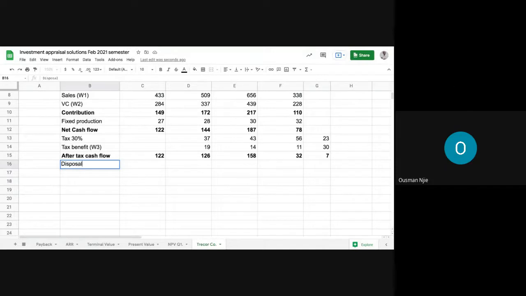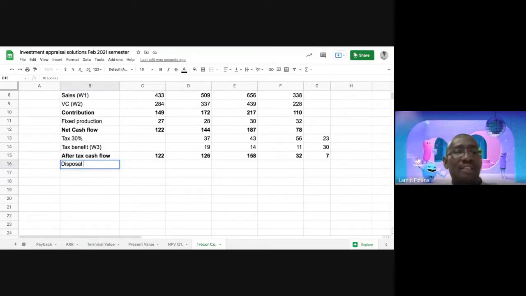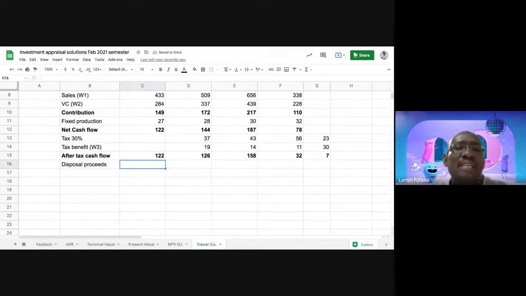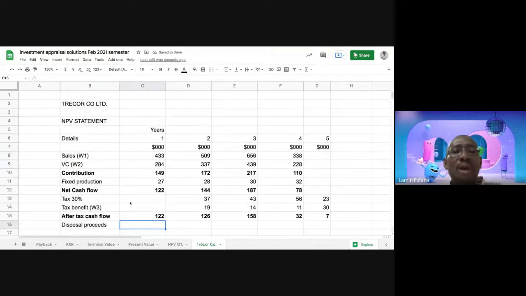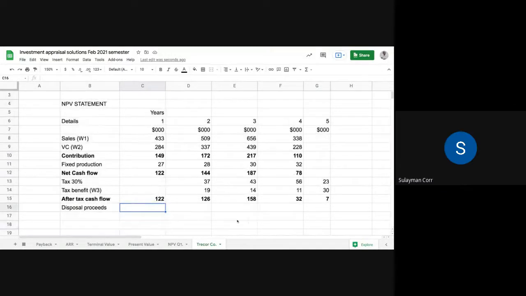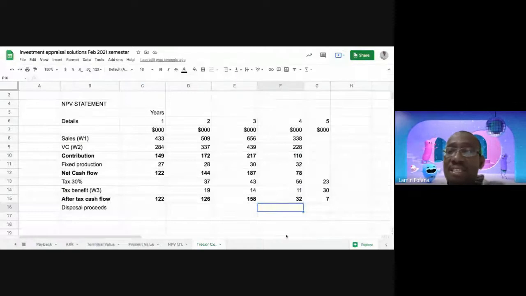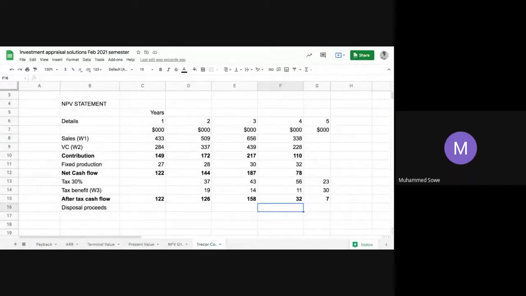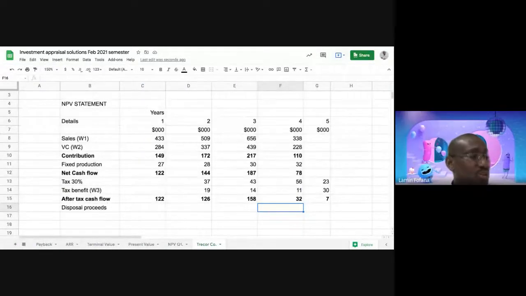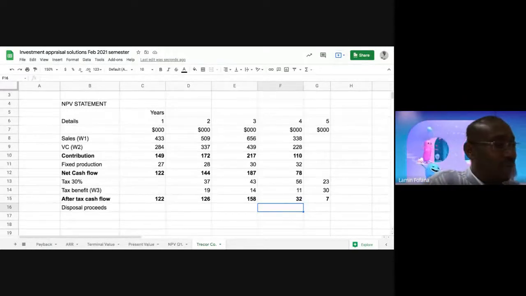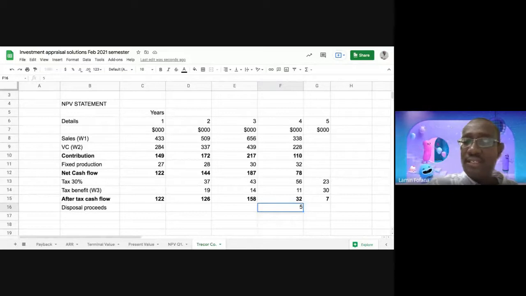Inflow, because this is the amount that we're going to sell our asset for, even though it's very small, but it's an inflow. So when are we going to gain the disposal proceeds? In year 4, exactly, because that's the year we're going to sell the asset. So money will come in year 4. So that's 5,000, isn't it?